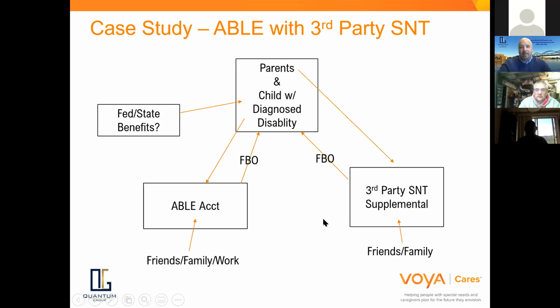But the big kicker here is you cannot spend housing money from the special needs trust. So in this particular case, you can shovel money over to the ABLE account from the trust to be spent on the child and be able to spend on housing. That's one of the things that's unique about an ABLE account: money can be accepted from a trust. It's kind of a next level type of thing, but that works well.